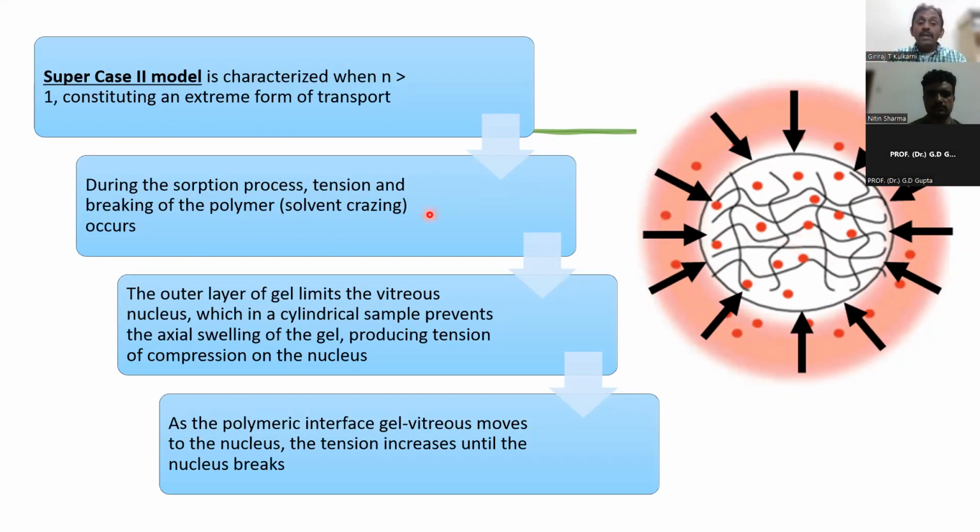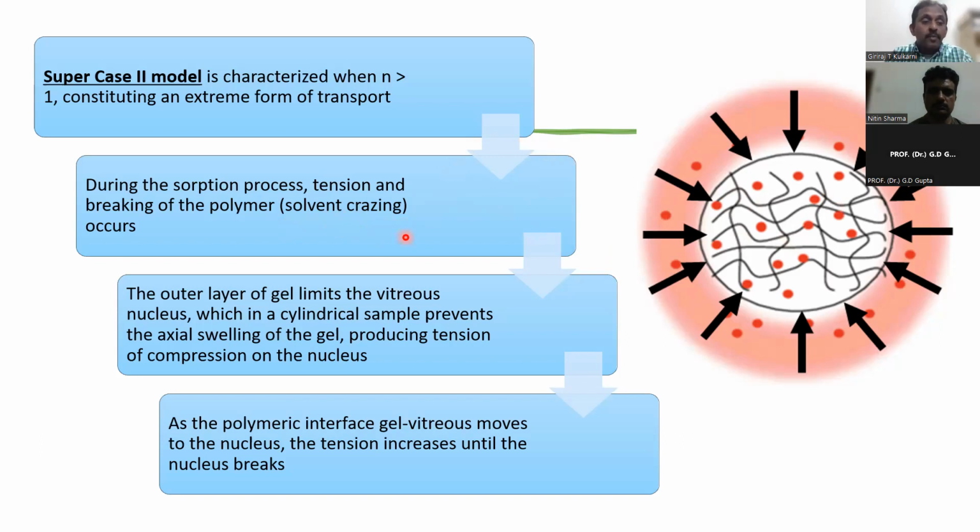So polymer breaking will occur. Once polymer chains are broken into smaller pieces, relaxation is fast and absorption of solvent is also fast. This we call solvent crazing. The polymer has become crazy for the solvent.